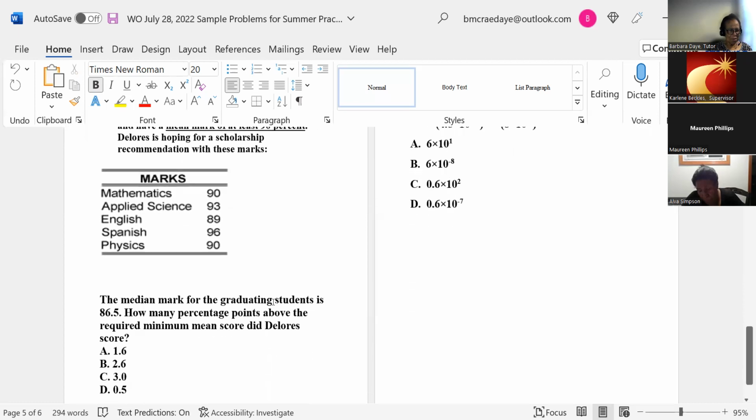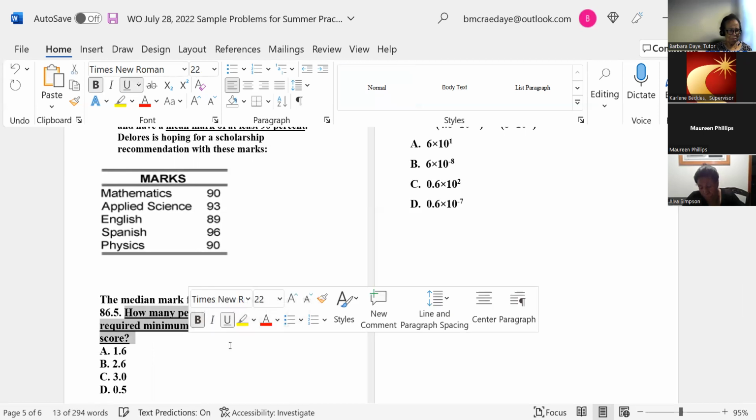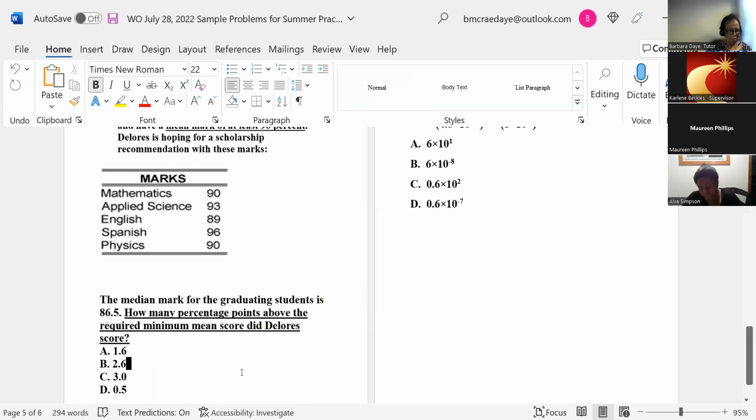A median mark for the graduating student is 86.5. How many percentage points above the required minimum mean score did Dolores score?